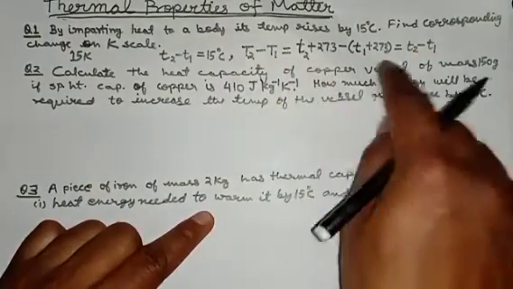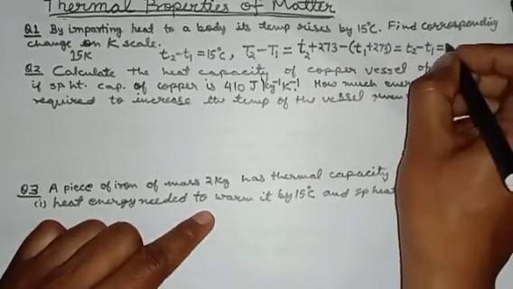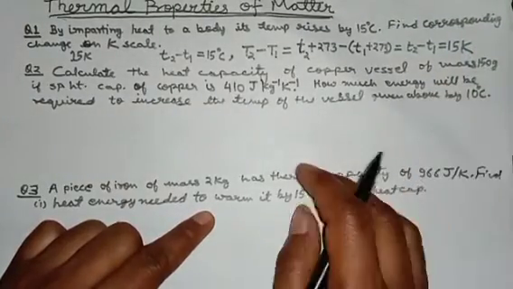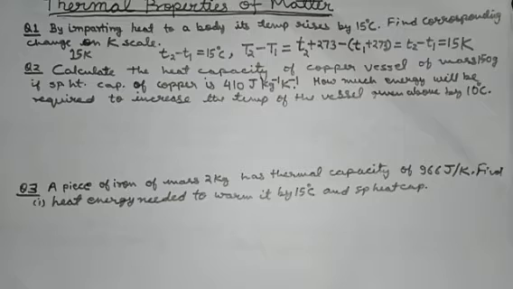But this time, as we have converted it into Kelvin, the numeric value 15 is now 15 Kelvin. Remember this: change in Celsius scale is the same as change in Kelvin scale.